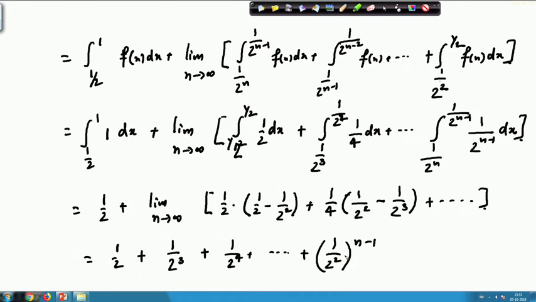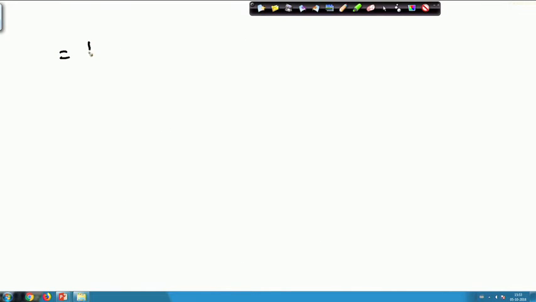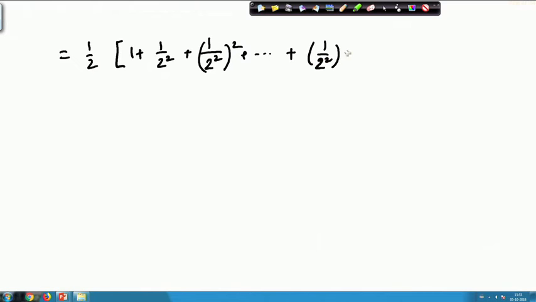And if we calculate the whole thing, then this will be half, then 1 plus 1 by 2 square plus 1 by 2 square whole to the power 2 plus dot dot and so on, 1 by 2 square whole to the power n minus 1, and this is basically a geometric series.